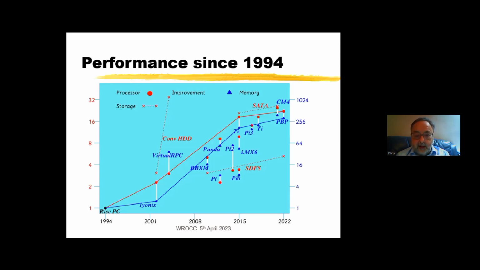And you can see the conventional hard disk was doing rather well on Virtual RISC PC, because you're using a very much optimized storage system on Windows. But that graph is trying to illustrate some of the improvements over the years.